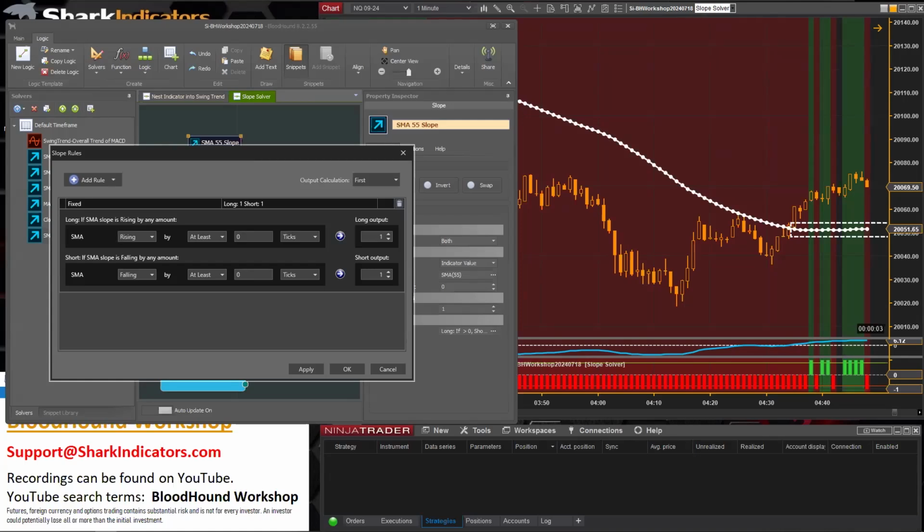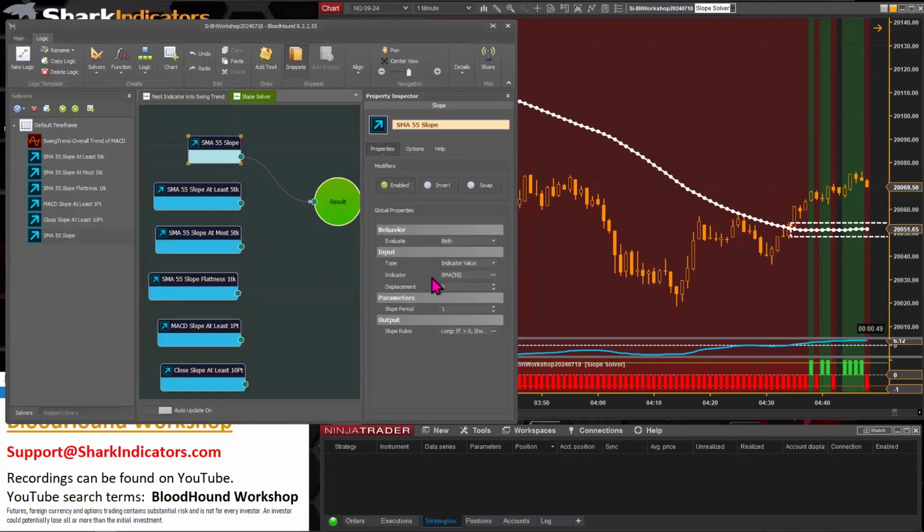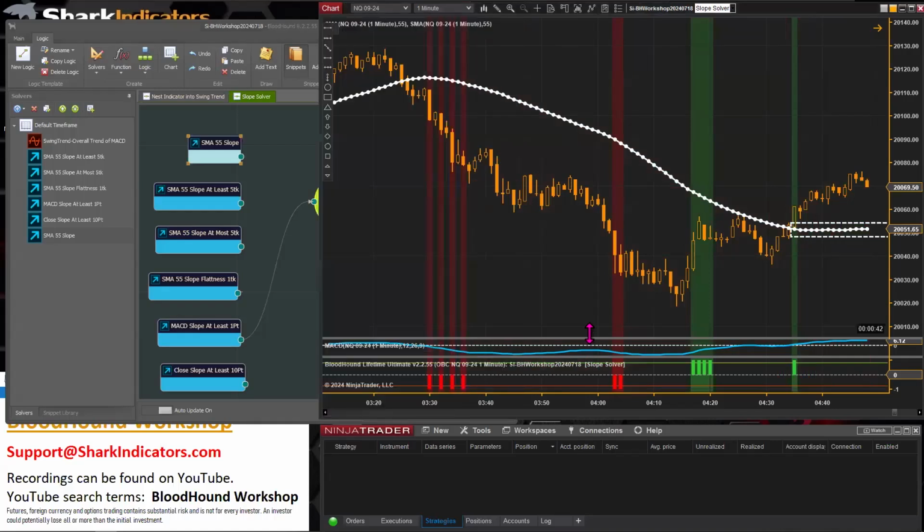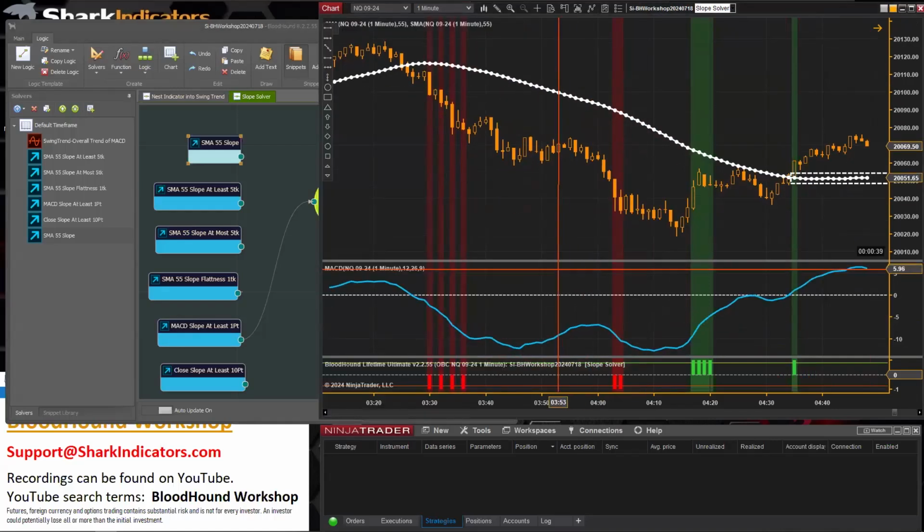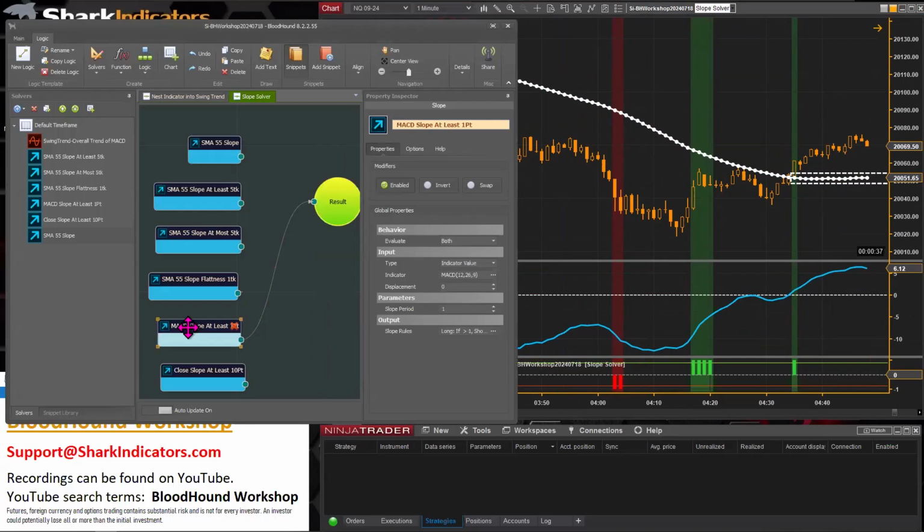Terry's asking, so that could be used on a secondary indicator like the MACD. I'm not sure what you mean by secondary, but yes, you can use the slope solver on any indicator that you feed into it. Earlier I did use the MACD as an example. Here's a solver looking at the MACD, and even price.